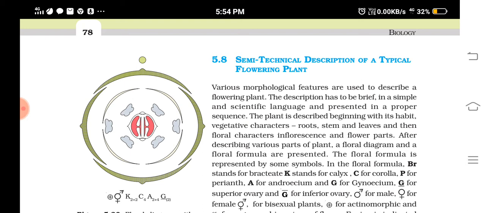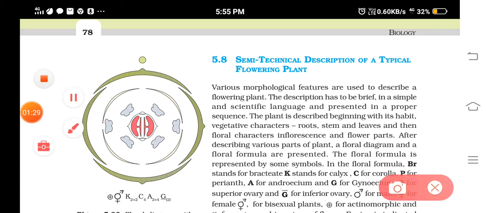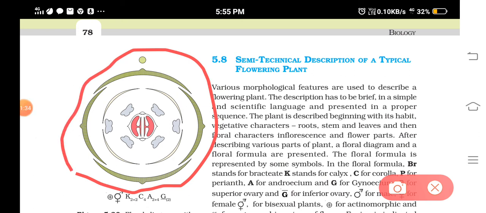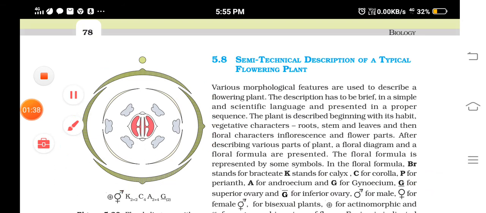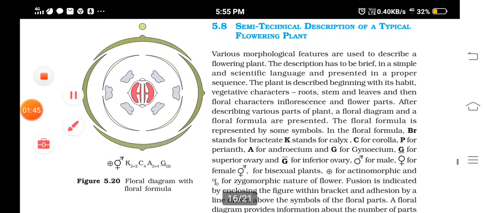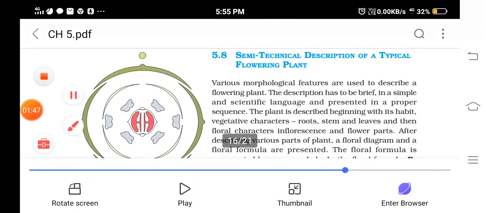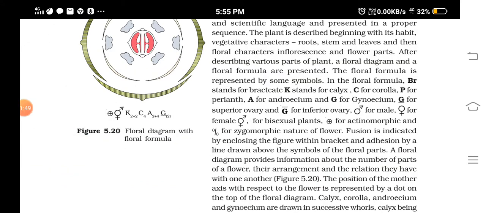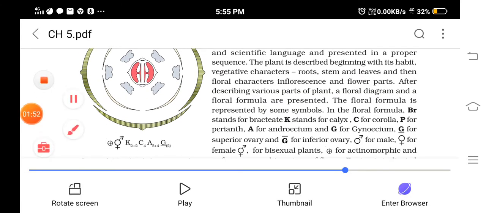For this we can use two methods. One is the floral diagram. As you see here, this is a floral diagram, which describes all the characters of the particular plant. Or else it can be written in the form of a small formula, the floral formula.